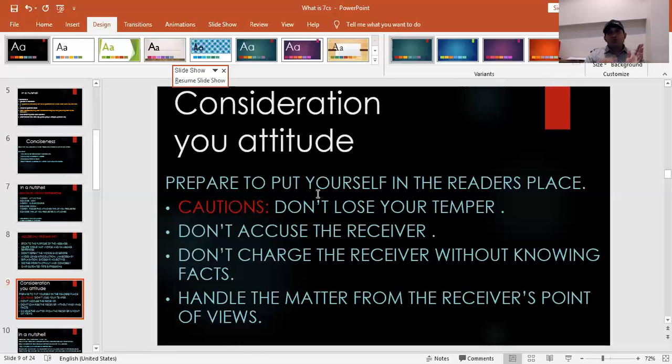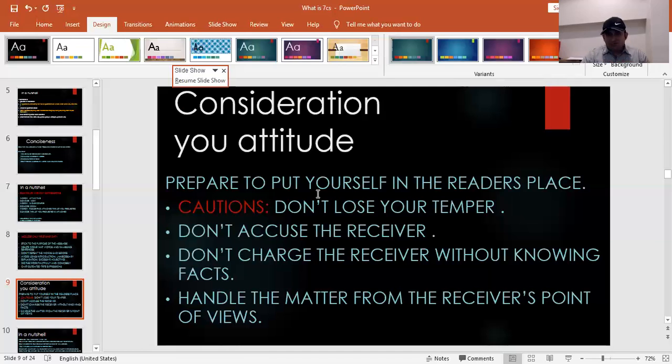Think that you are the reader, the person who is reading the message. Will you follow a long message? Will you follow it if the writer is just praising himself? Will the reader start reading? Will the reader get impressed by his reading? No. You give respect to Mr. You.